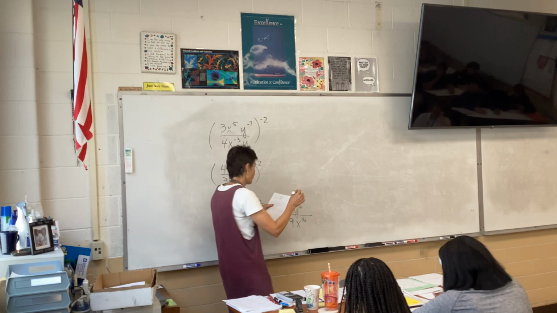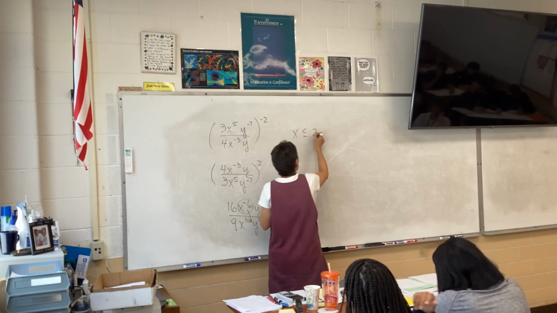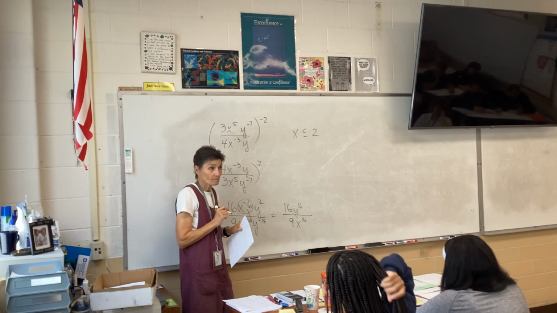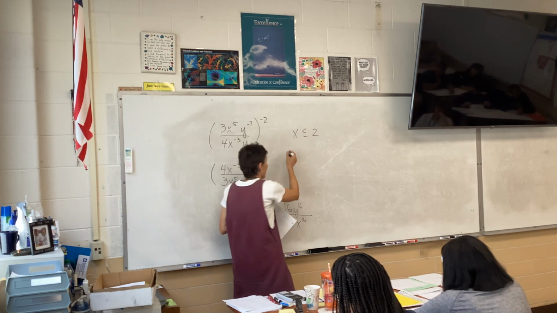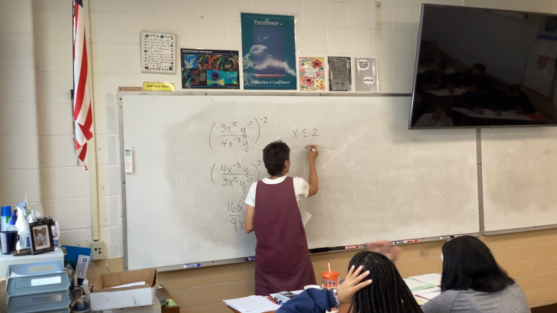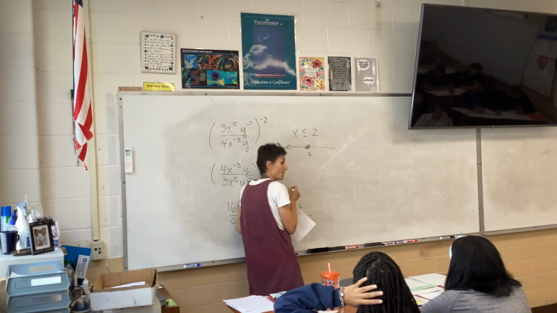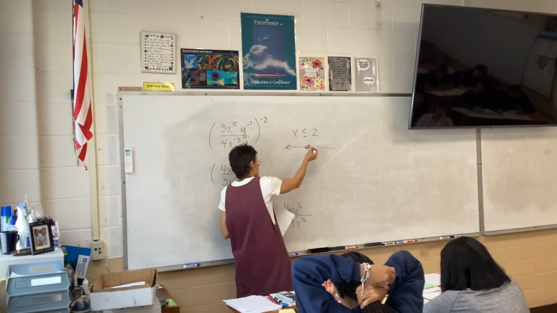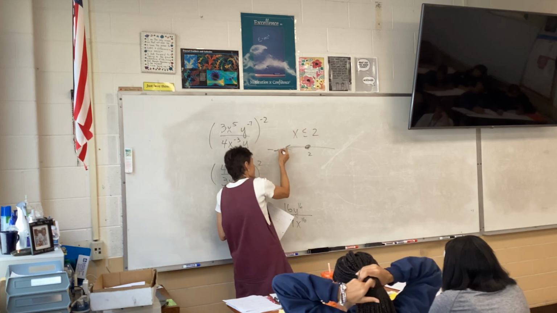All right, writing interval notation. That means parentheses and brackets. Keep in mind what this looks like is this, right? That's what it looks like on the number line. So this arrow is pointing to negative infinity.